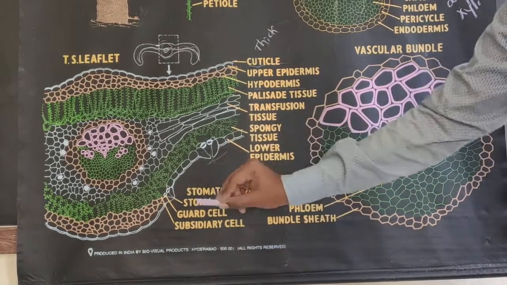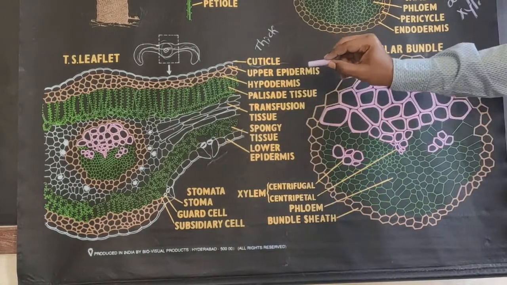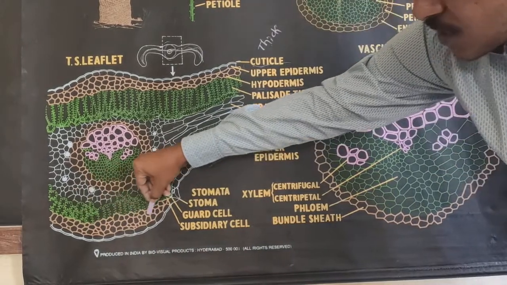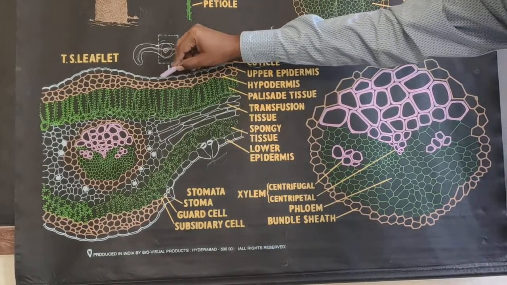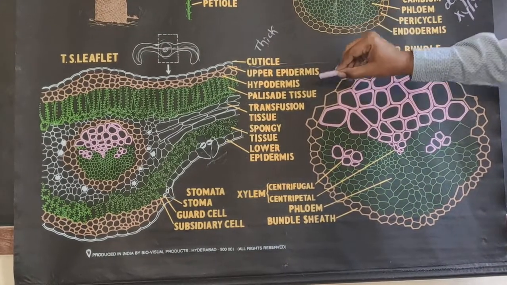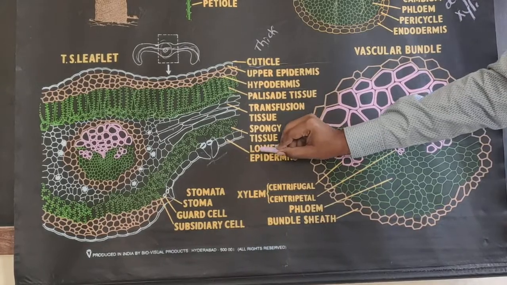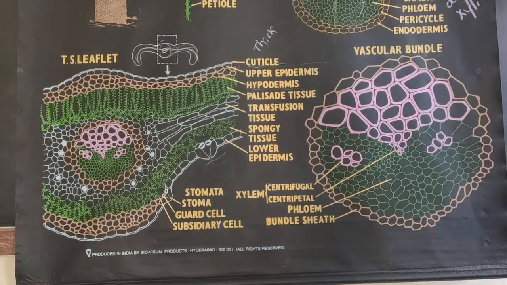After the upper epidermis, the hypodermis is present all along the length of the leaflet. But after the lower epidermis, the hypodermis is present only in the region of the mid-vein.